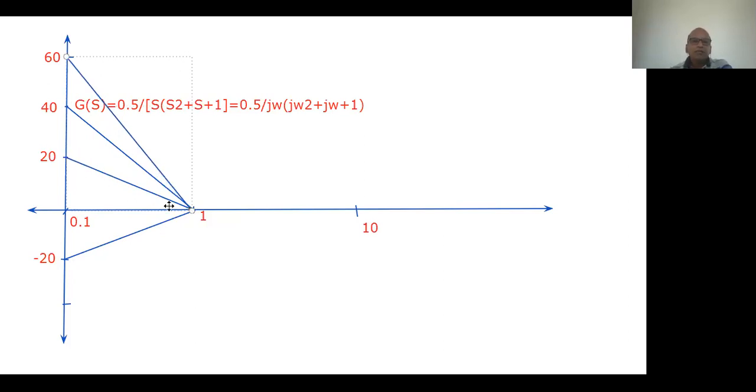Slope of this is minus 20, slope of this minus 40, slope of this minus 60 per decade. Then draw a line.